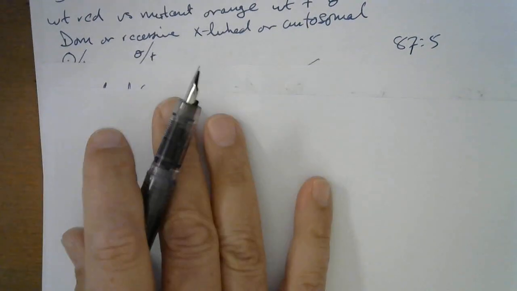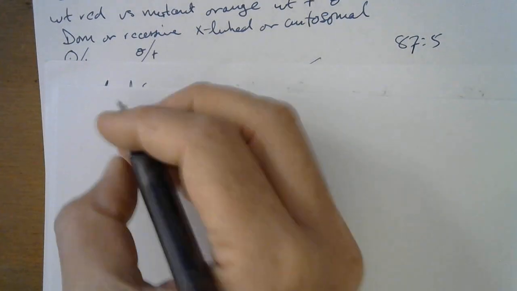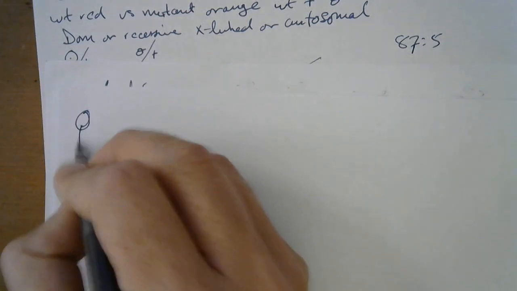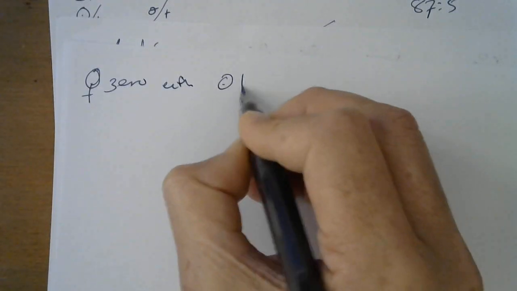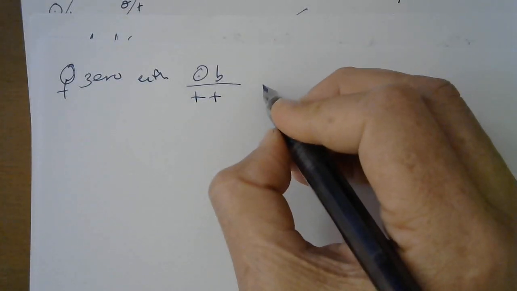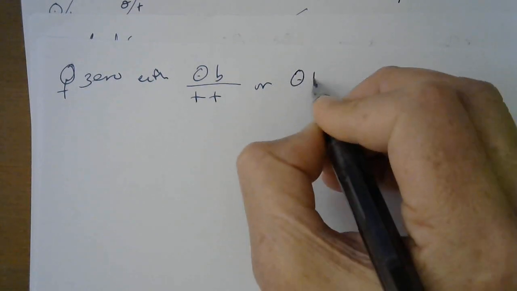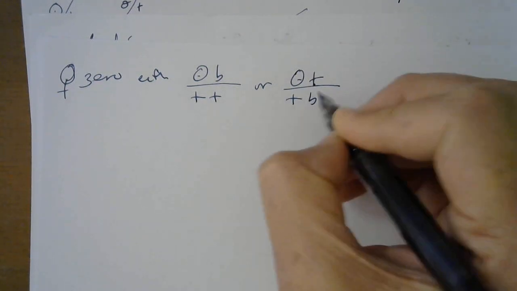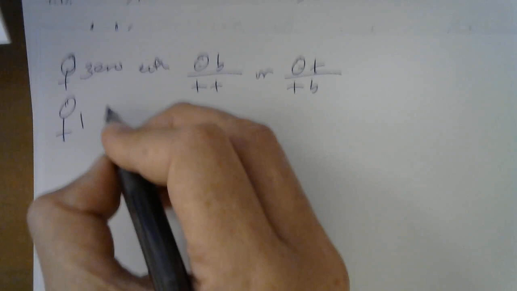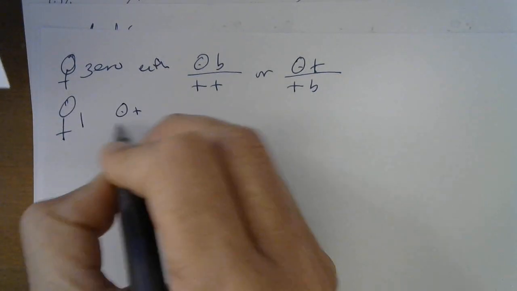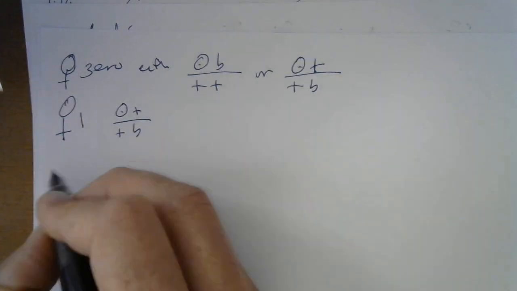We decided that the female 0 is either in cis double mutant or is in trans double mutant, and female 1 we decided was in the trans configuration.